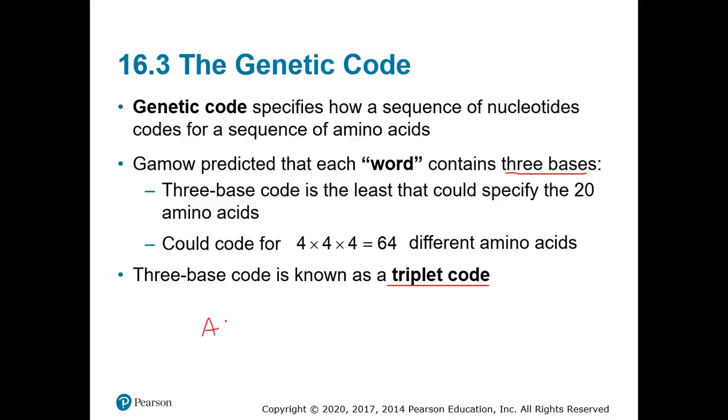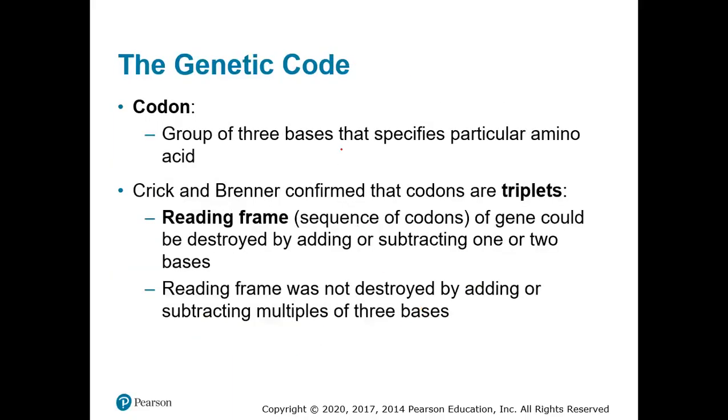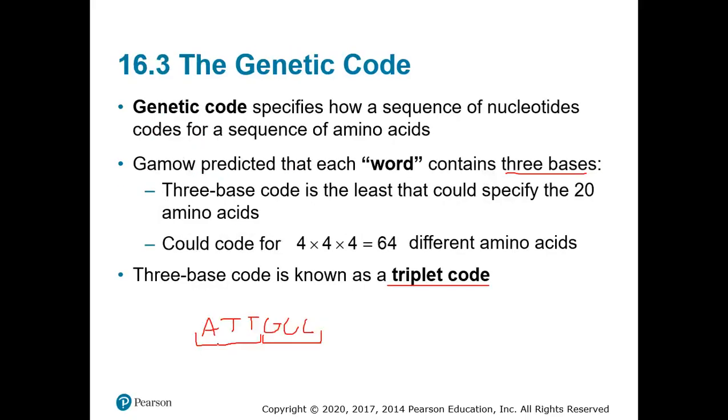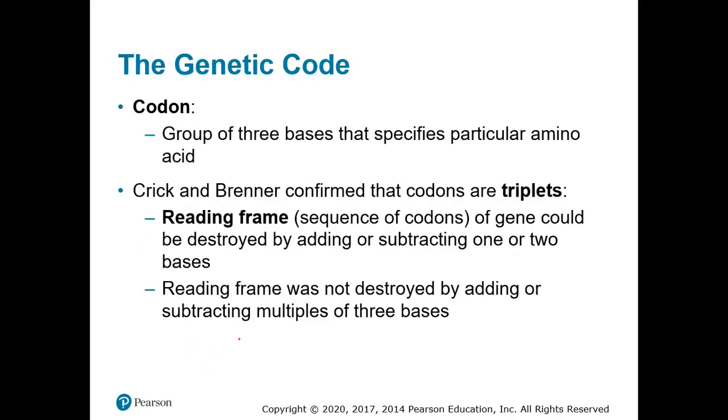So that just means when we're reading our DNA strand, we're always going to read it in nice little series of 3. And that series of 3 we call a codon. And the reason why we read it in a series of 3 is because each codon is going to code for a specific amino acid. So this series of 3 we call the reading frame.